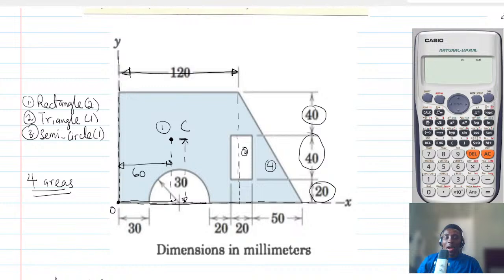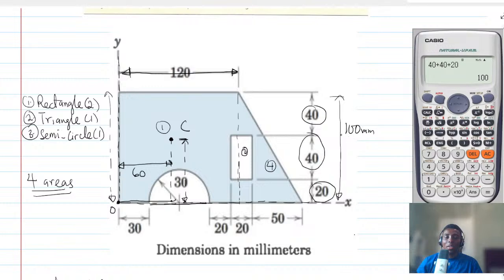So now if I add it up, this one is 40, plus 40 plus 20. Okay. So 40 plus 20 will be what? 100. Which means that the whole of this distance here, which is the same as the whole of this rectangle here, is 100.